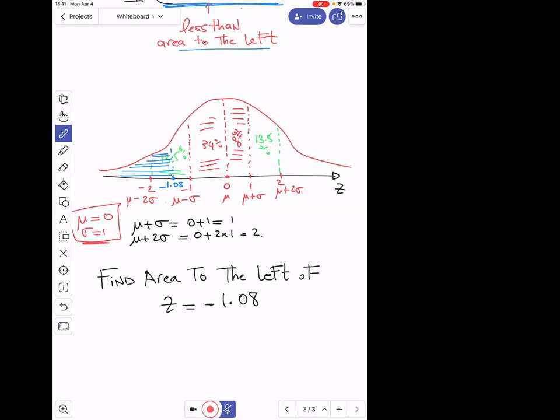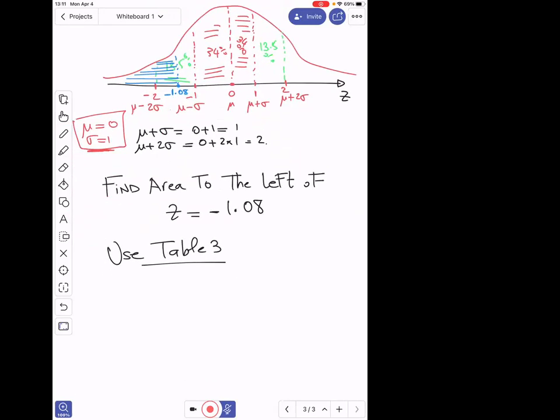So how are we going to use table 3 from the formula sheet? Let me share the table with you, guys. Keep in mind our Z is negative 1.08.